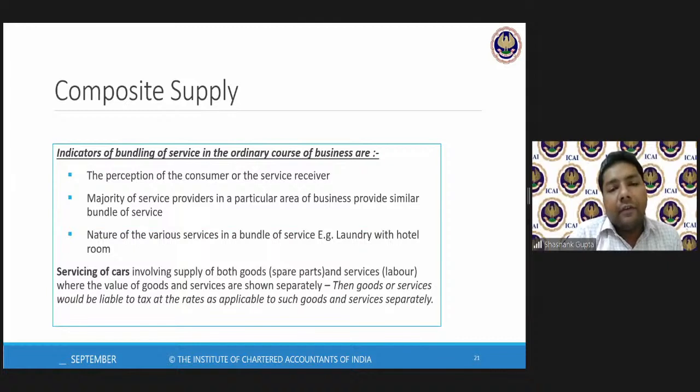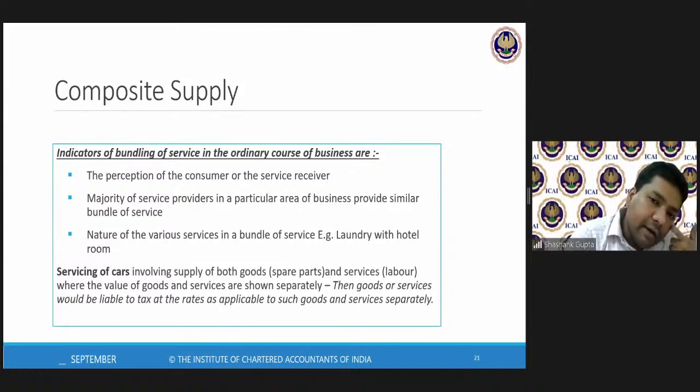Now friends, while I've given you several practical examples of a composite supply, still there could be a scenario which doesn't get covered within those examples, and you are left to determine whether or not a particular set of combination supplies is getting covered under composite supply.